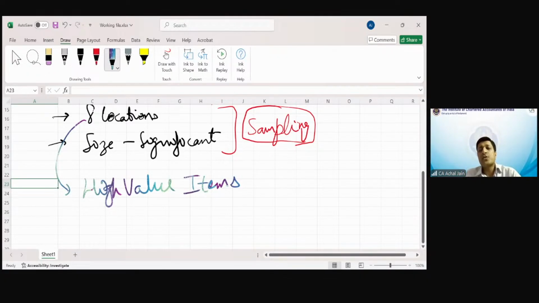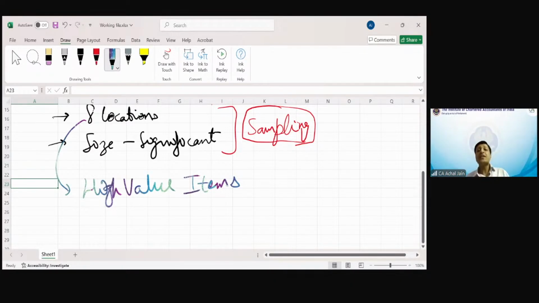Because if, let's suppose, there are a lot of items of low value, and they comprise only 5% of the total inventory, there is no significant risk. Because other than the low value, the high value and the medium value comprise 90%, 95%. So if you are covering that, then in a way you are covering a significant chunk.